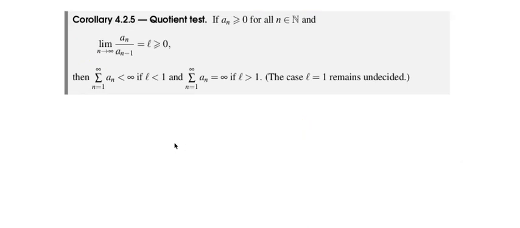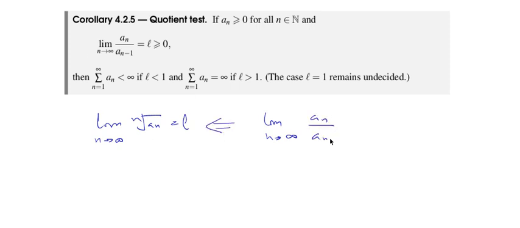And finally, the quotient test, okay? So from the root test, we can apply one of the corollaries of Stolz theorem that we saw in last unit and see that if the limit when n goes to infinity of a sub n over a sub n minus 1 equals L, then this implies that the limit of the nth root of a sub n equals L, and then we have the proof for the root test.